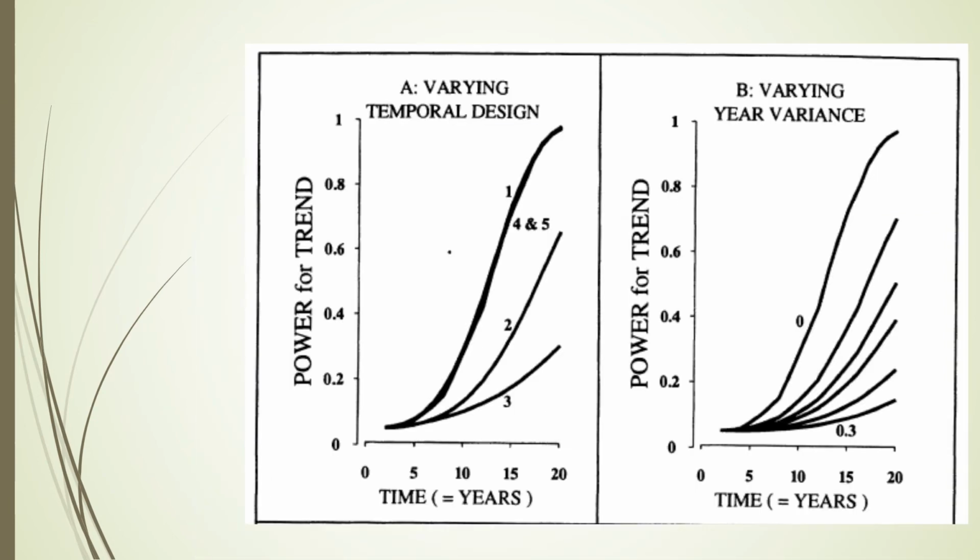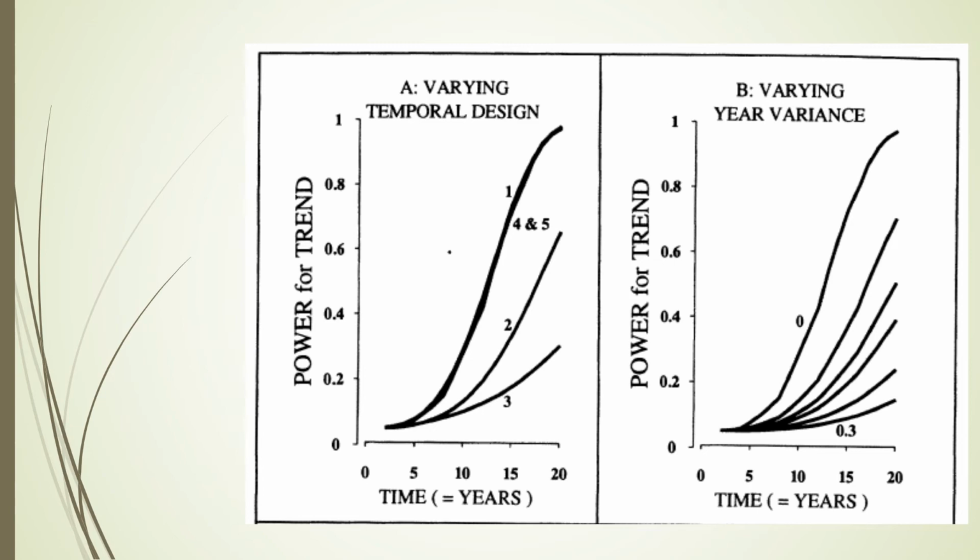So here has been plotted the power to detect a trend using these different types of sampling designs based on simulation analyses. So doing simulations on the computer, but that can often give us insights into how well these might work in the real world.